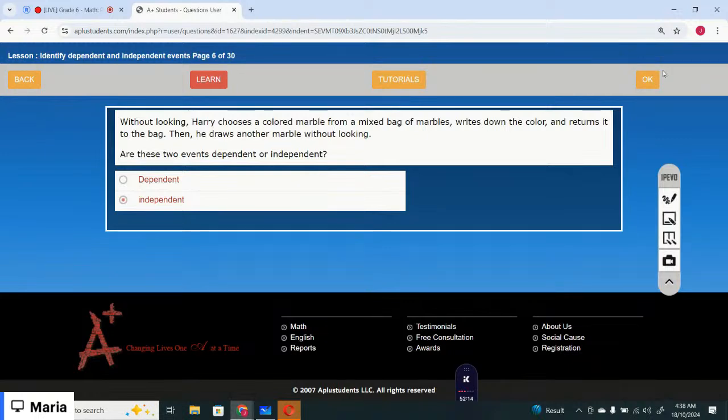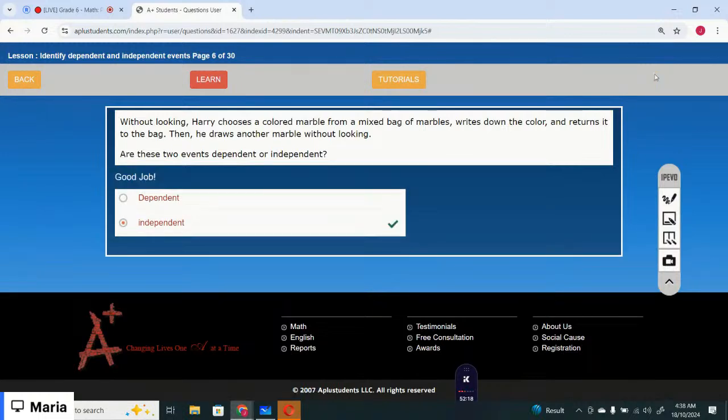Independent event, because he put the marble back in the bag, right? That is independent.